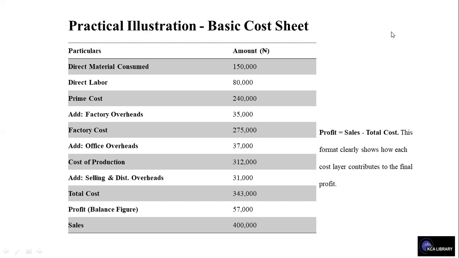After adding the selling and distribution overhead to the cost of production, we have the total cost. With that, we are able to deduce the profit when the total cost is deducted from the sales. The profit is equal to the sales minus the total cost, just like I said. And this format clearly shows how each cost layer contributes to the final profit.